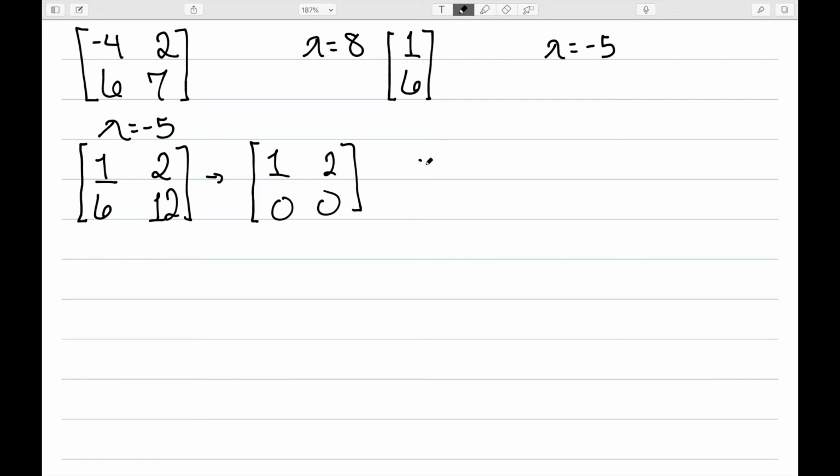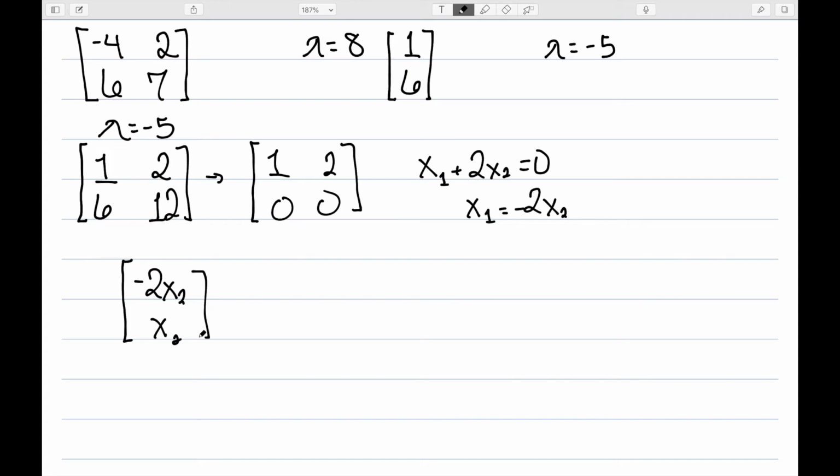When I write my equation, I have x1 plus 2x2 equal to 0, or x1 equal to minus 2x2. So when I write my vector, x1 is minus 2x2, and x2 is my free variable. Factoring out the x2 gives me (-2, 1). So now my eigenvector corresponding to -5 will be (-2, 1).